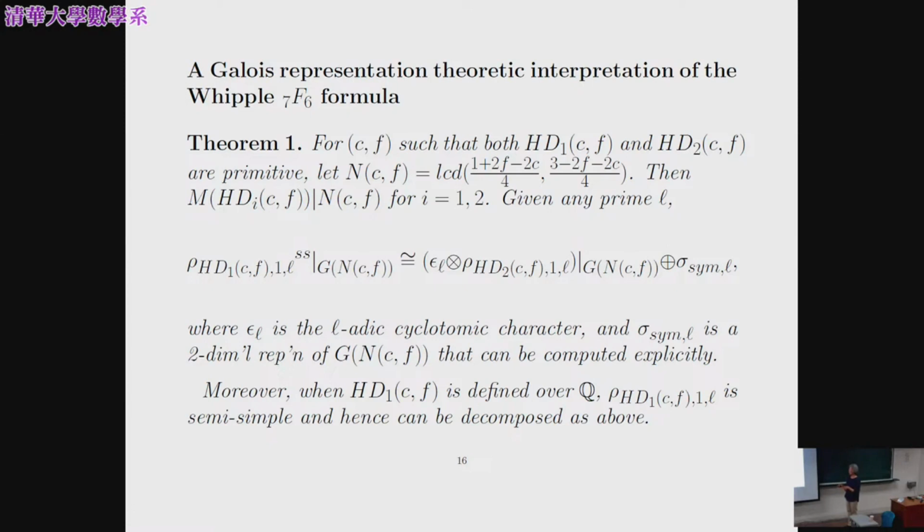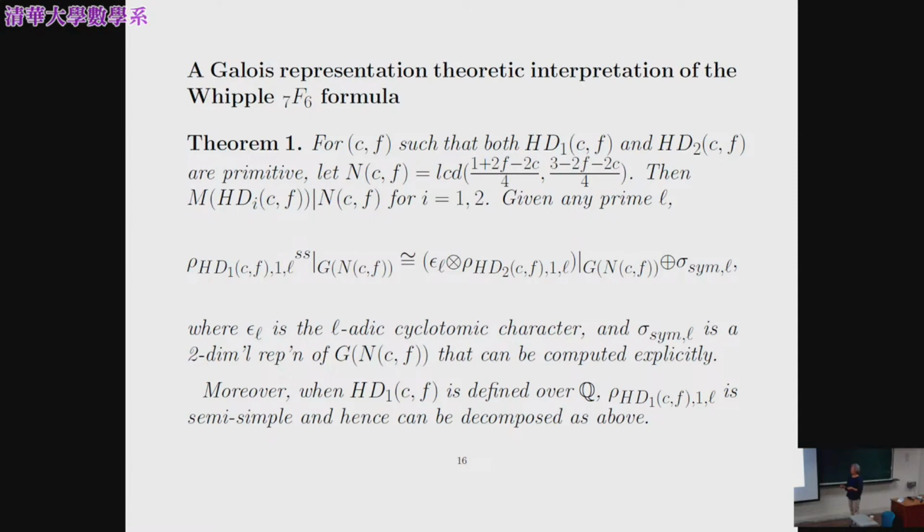So there's a complement piece, and the complement is a two-dimensional representation. The semi-simplification here means that both sides have the same Frobenius trace. But if the first datum is defined over Q, then the representation itself is semi-simple, so we can ignore that semi-simplification. So we just have that decomposition.